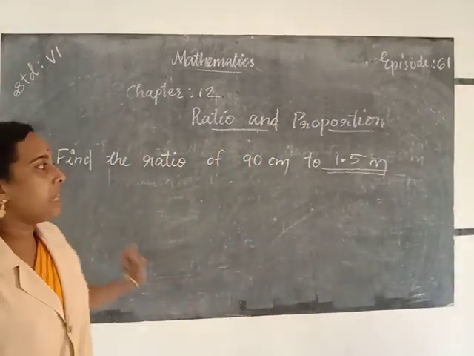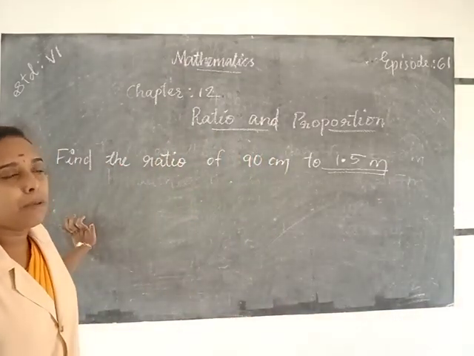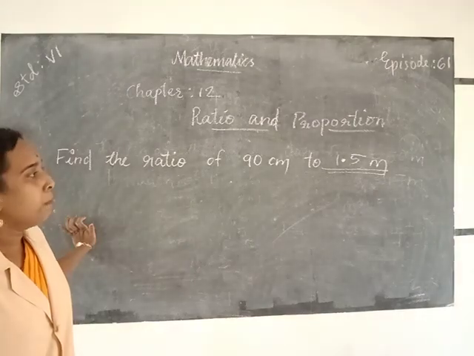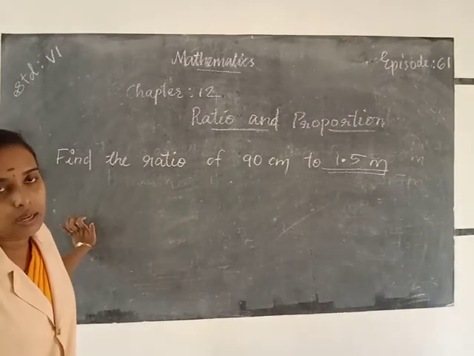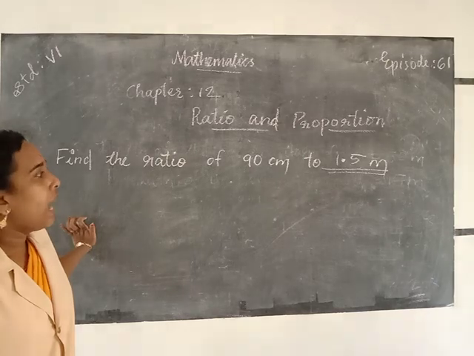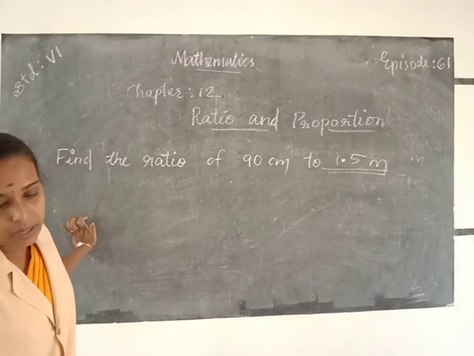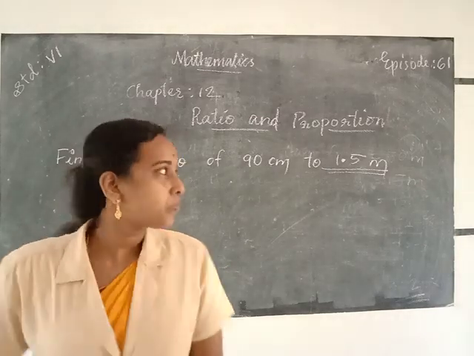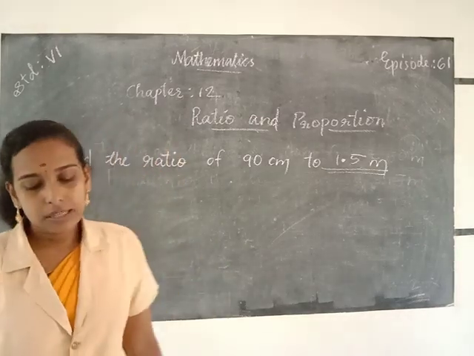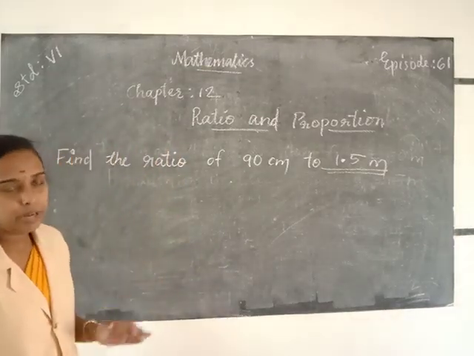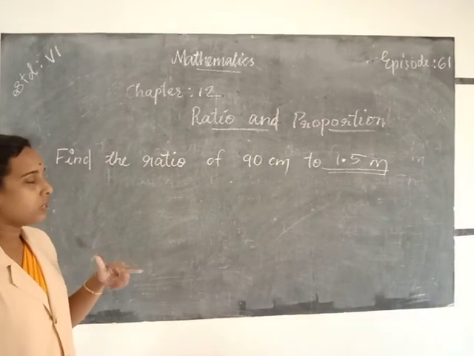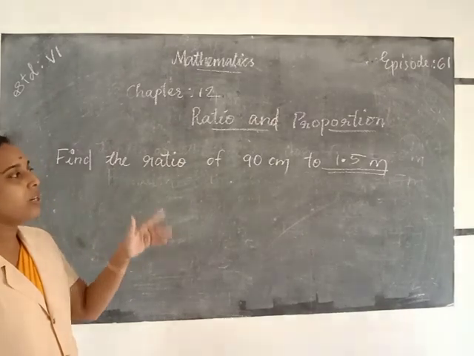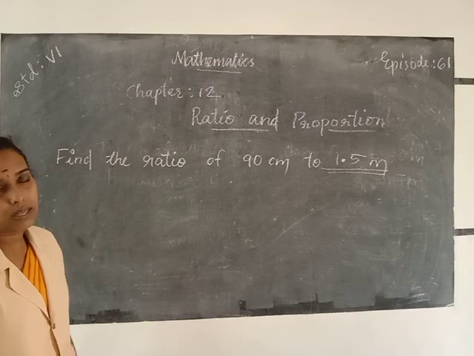To convert meter into centimeter, we multiply the number that is given in meter by 100. Here we have 90 centimeter and 1.5 meter. The two quantities are not in the same unit, so to convert the two into the same unit, we convert meter into centimeter.